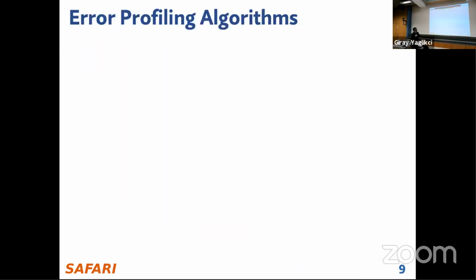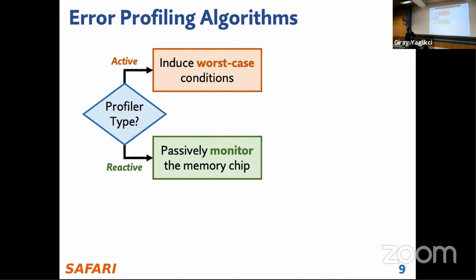So let's look at an error profiler. There are two main types of profilers that we deal with. The first is shown in red here, which is the active profiler. This profiler induces worst case testing conditions in order to try and make errors occur. In this way, it's trying to achieve high coverage of at-risk bits. The other type, shown in green, is what we call reactive profiling.